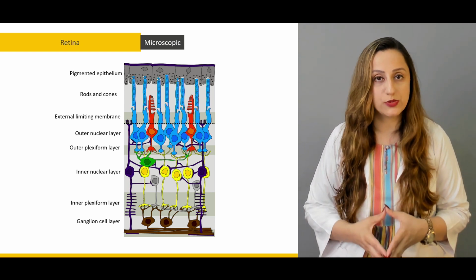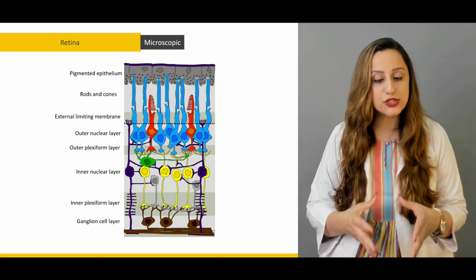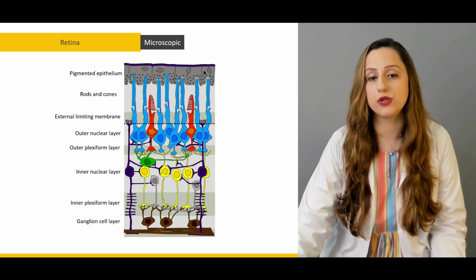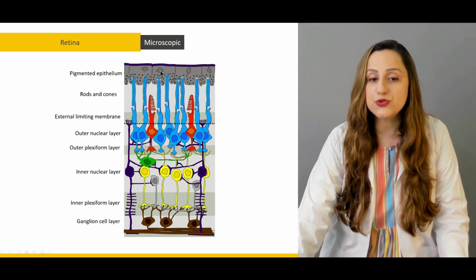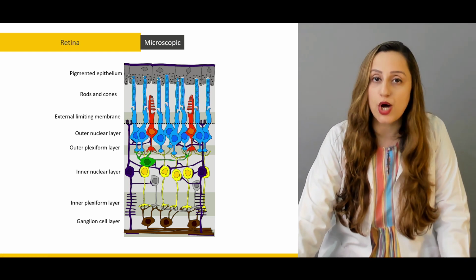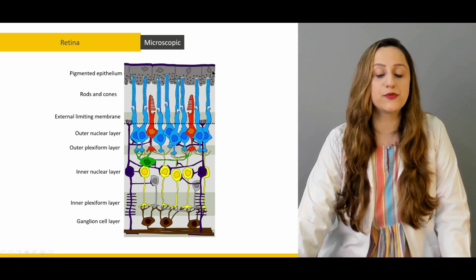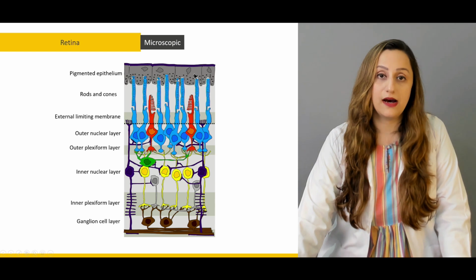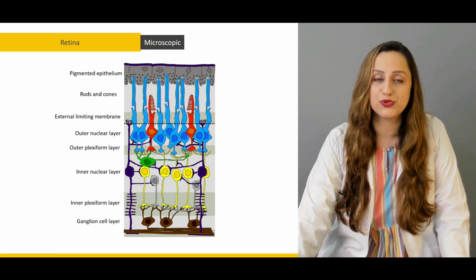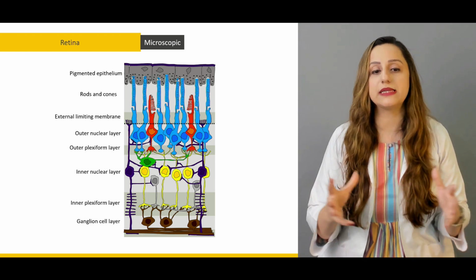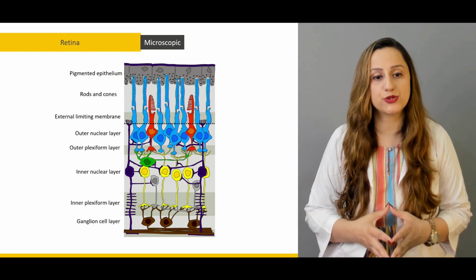Now there are some interphotoreceptor matrices present over here. These matrices are basically the adhesion molecules and the collagens, which provide stability to the whole retinal tissue that we're talking about. So this is the functionality of the pigmented epithelial layer.